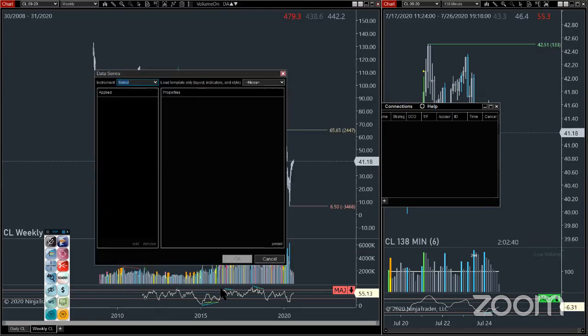Yeah, so this is one thing that I've been mulling over, whether for the analysis live, we require everyone to have the same data feed, and if so, then we would do Kinetick and/or IQ feed.